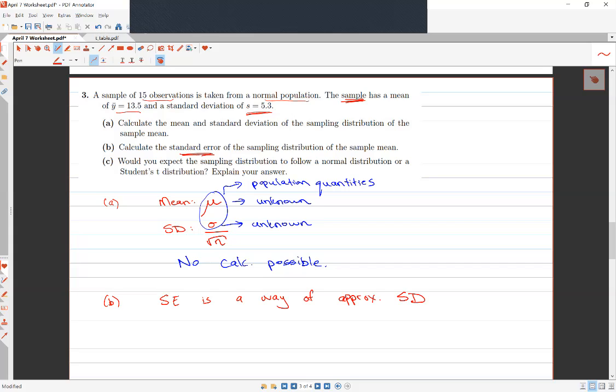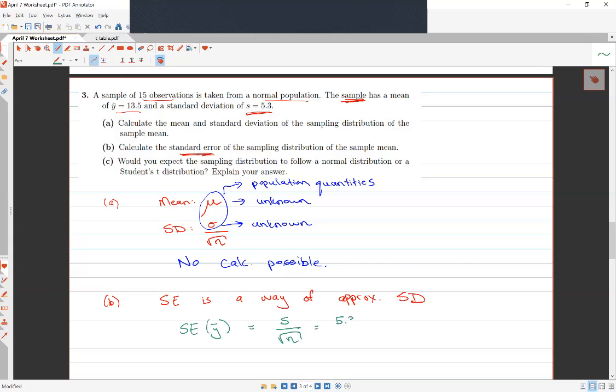So when we can't calculate the standard deviation because we don't know what sigma is, we can calculate the standard error, which tries to approximate that for us. Standard error, which we also sometimes write as standard error of y bar, has a formula that looks a lot similar, except it's s over square root of n.